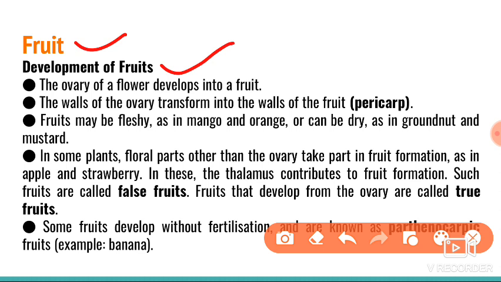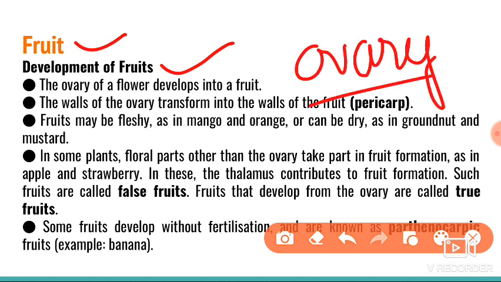Usually fruits are mainly developed from the ovary. Seeds are developed from the ovule, and fruits are developed from the ovary. This common basic you should know about these two.